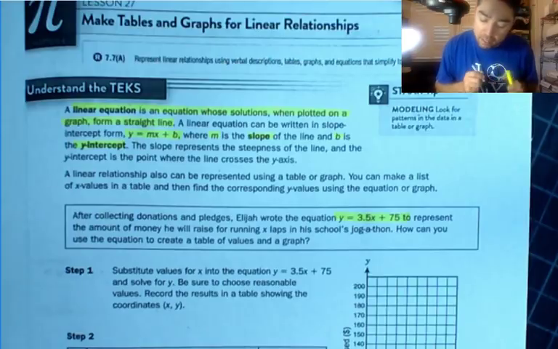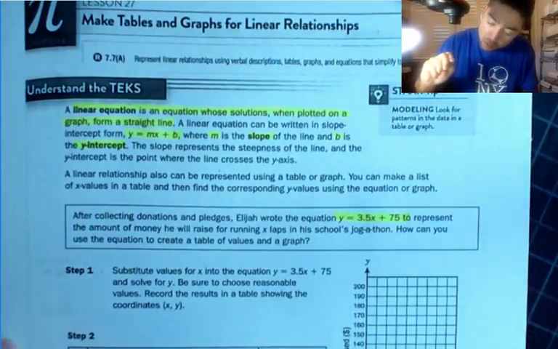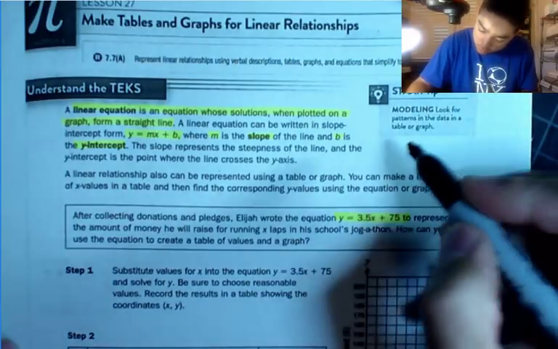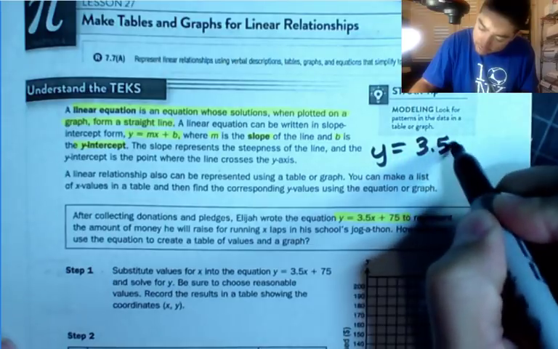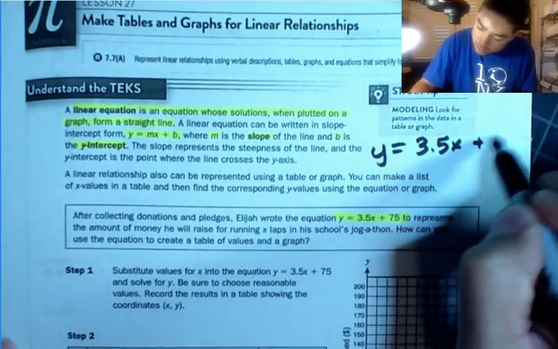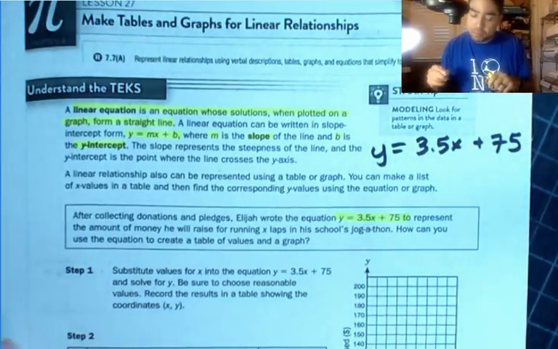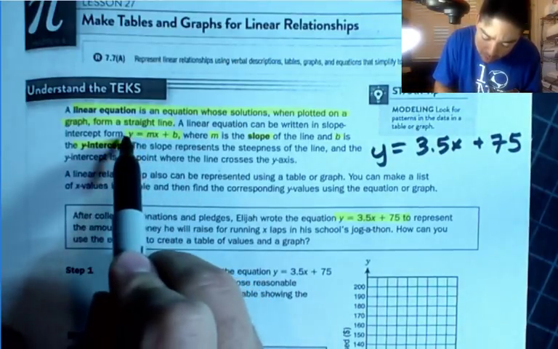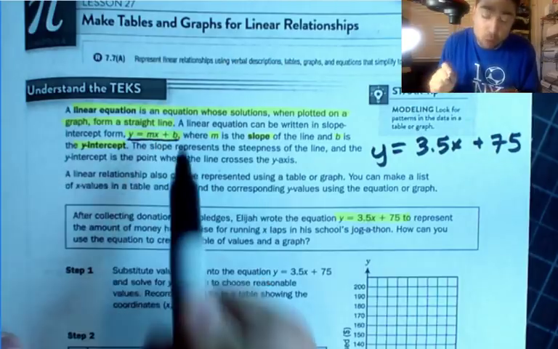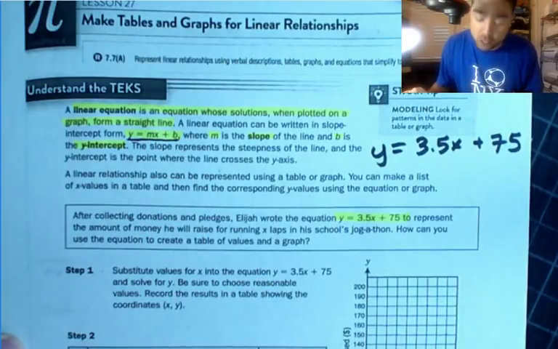So before we even get into substituting our values into the equation, I'm going to write the equation down and we're just going to discuss it a little bit. So y equals 3.5x plus 75. Now slope-intercept form, we already mentioned that y equals mx plus b, where the m is our rate of change.